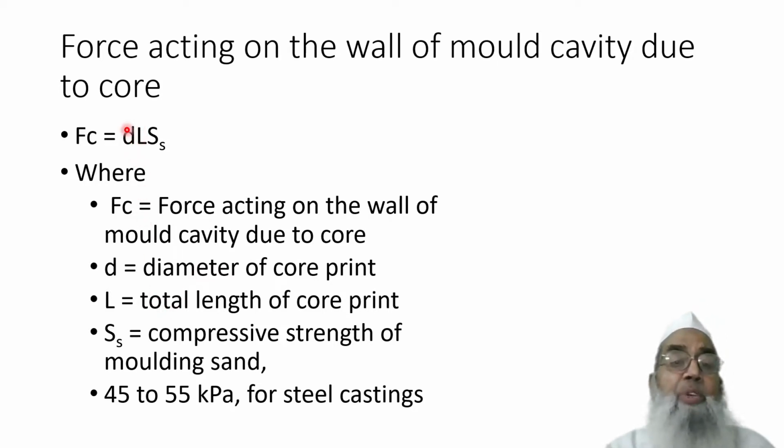This is the buoyancy force, so we can equate it with the buoyancy force, and since we know the strength of the molding sand, we can calculate the total length of the core print. If it is a divided core print, divided into two halves, then we can get the length of one half of the core print.